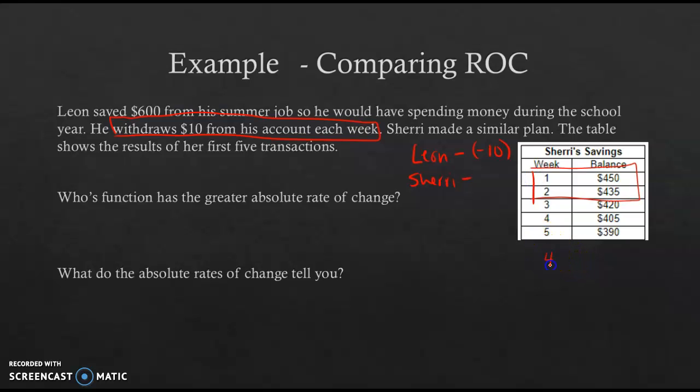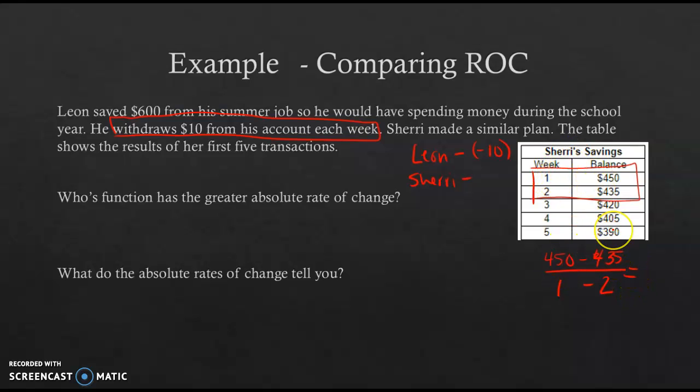So I'm going to do 450 minus 435 divided by 2. See, this is where if we were in class, you'd be telling Mrs. Cartwright, that's not what we do. We picked 450 first, so I need to pick the 1 first: 1 minus 2. That's why I had to erase. Remember, whatever y we pick first, that should be the x we pick first.